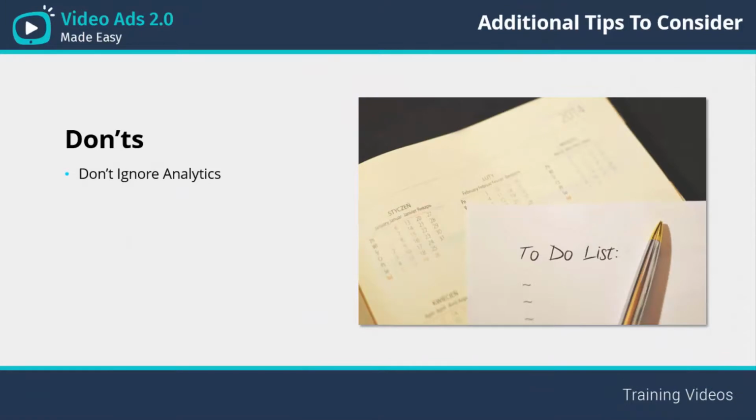Don't ignore analytics. Always pay attention to what your metrics are telling you about your video advertising performance and about how you can improve. Don't delay publishing dates, or you will risk being overtaken by a competitor or losing some of your message's relevance due to shifting trends. Don't neglect consistency.